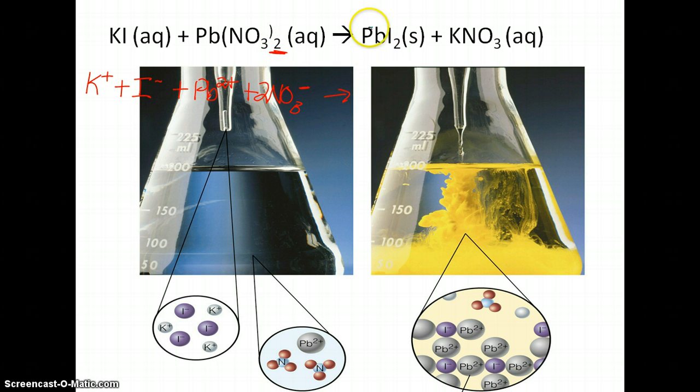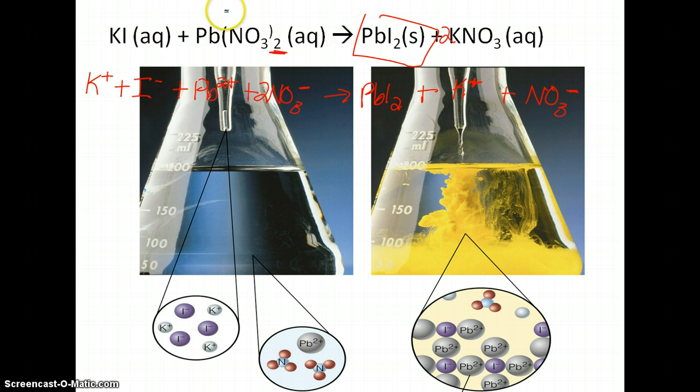And this PbI2 is a solid, so it's not going to break apart, so we're just going to leave it together. And then again an aq, so it's going to be K+ and NO3-.